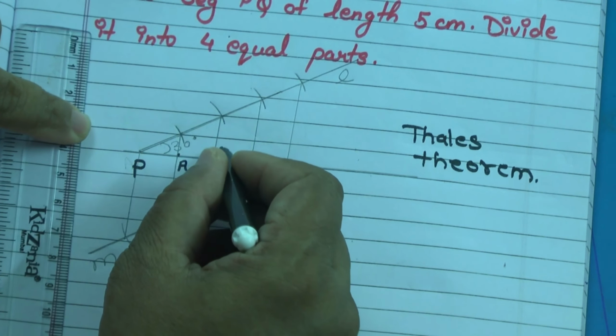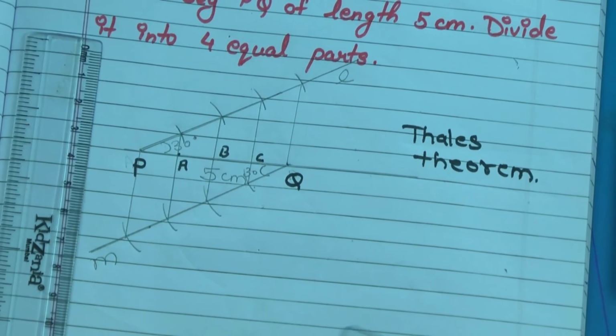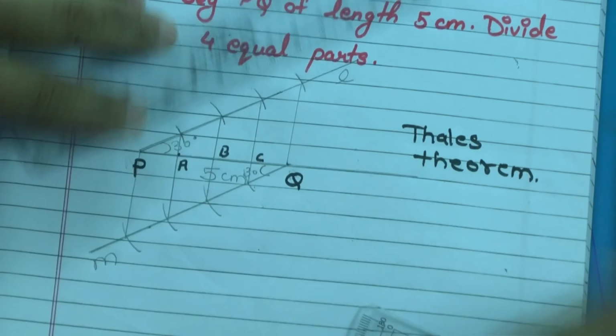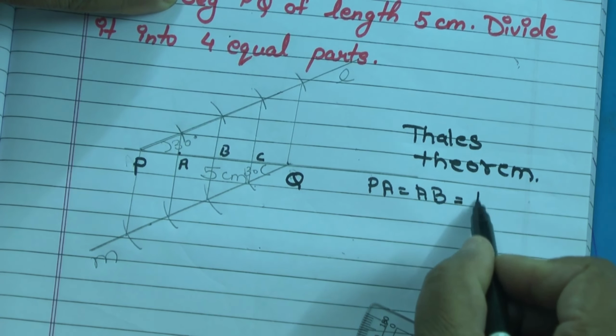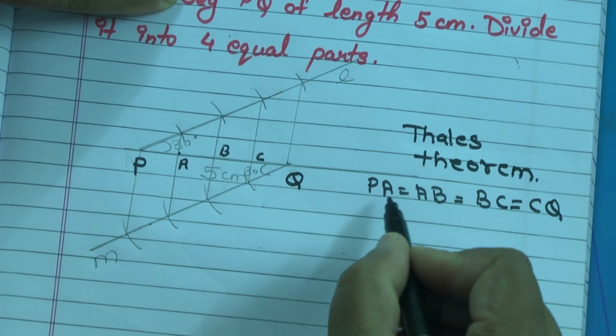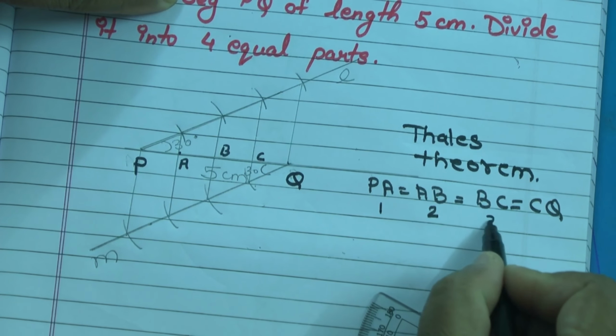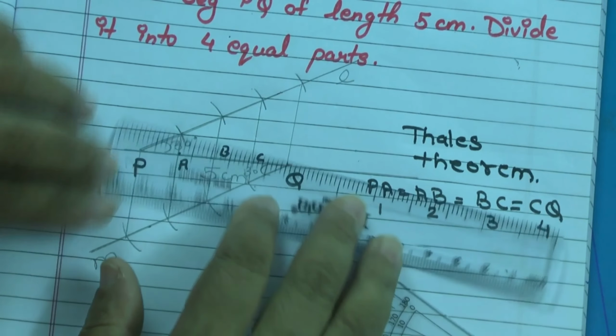Let me label this point as A, this as B, this as C. If I measure it, I will find PA equal to AB equal to BC equal to CQ. So 1 division, 2 division, 3 division, 4 division, all will be equal.